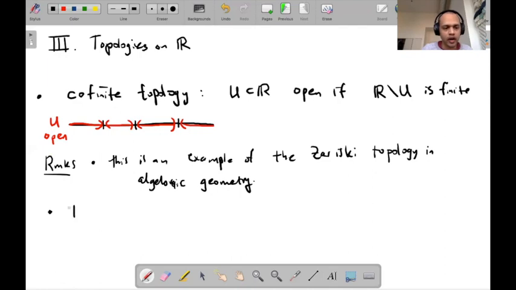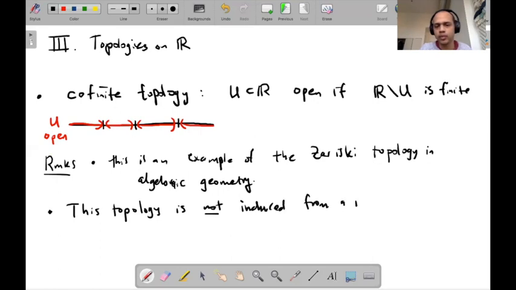The other thing I want to say is that this topology is not induced from a metric, which is to say it's not a metric space.